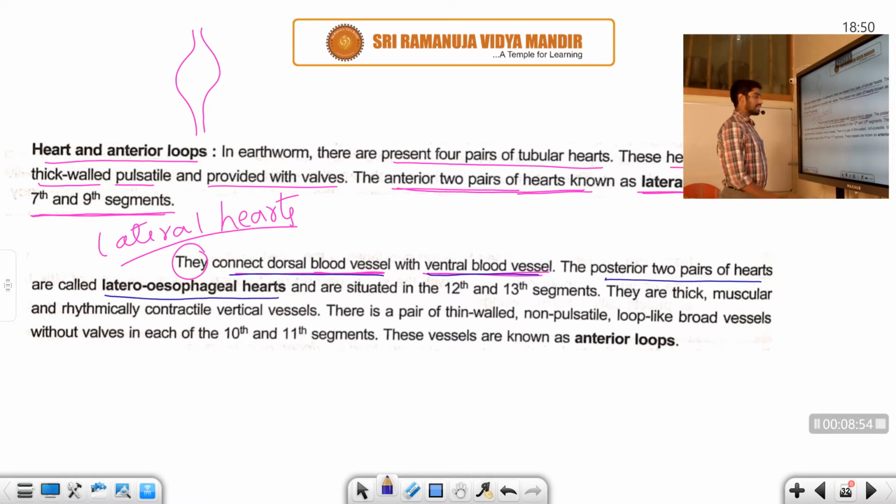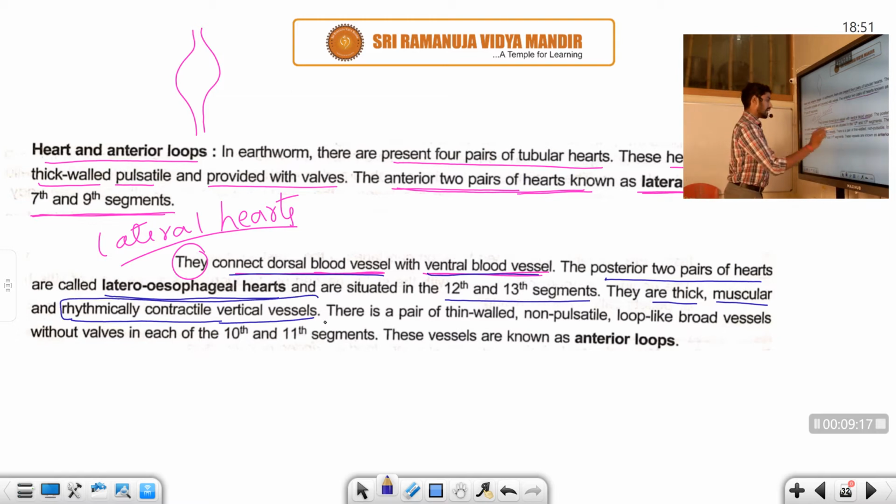Correct. So in the posterior, the two pairs of hearts are called the lateroesopharyngeal hearts, situated in the 12th and 13th segments. They are very thick, like the 7th and 9th, and muscular, like the lateral hearts. They are rhythmically contractile vertical vessels. This point is very important now.